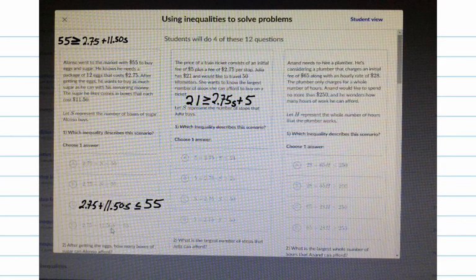Alright, and then which one matches up there? Again, kind of hard to see. I think A says 5 minus. I don't think we're subtracting. The other ones use 50. I don't think we're using 50.